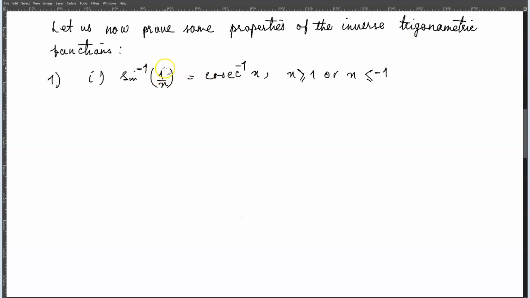For example, I tried to do this with the first result that we have here, which is the sine inverse of 1 by x is equal to the cosecant inverse of x, and I got into some sort of contradiction that I was not really able to resolve. In the text itself, it states that in fact they will be valid only for some values of x for which the inverse trigonometric functions are defined.